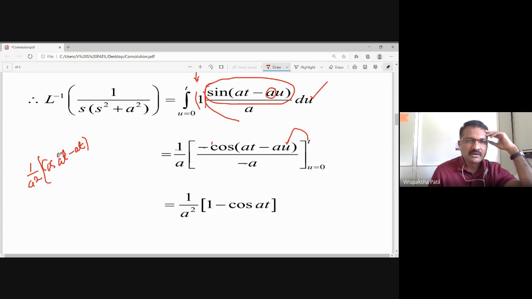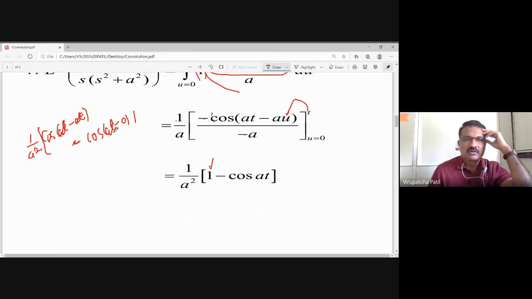This is the upper limit. Then minus the lower limit. Wherever u is there, you put 0. So you will get minus cos a(t minus 0). So here a(t minus t) is 0, so you get cos 0, whose value is 1, minus cos a(t minus 0), which is cos at. So you will get this as 1 minus cos at.